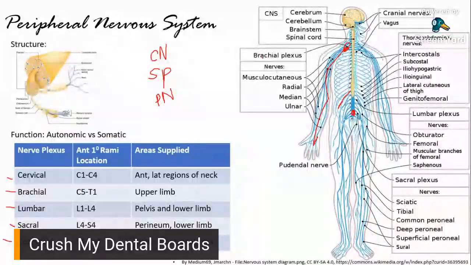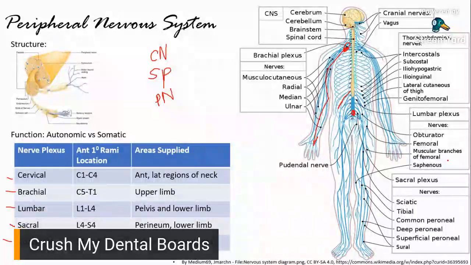So, under the brachial plexus, eventually, it's going to turn into your musculocutaneous, your radial nerve, your median nerve, and ulnar nerve. Same with your lumbar plexus. It'll terminate as obturator, femoral, muscular branches of femoral, and then your saphenous nerves.